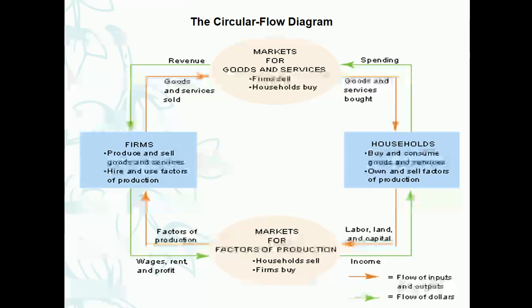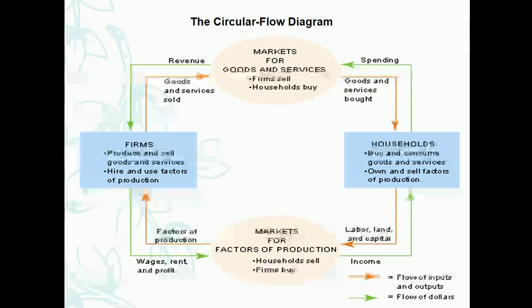Now, going in reverse, households spend their money in the market for goods and services, which provides revenues for firms, which the firms then use portions of those revenues for profit, and of course, also wages and rent to obtain factors of production which go to the households as their income.